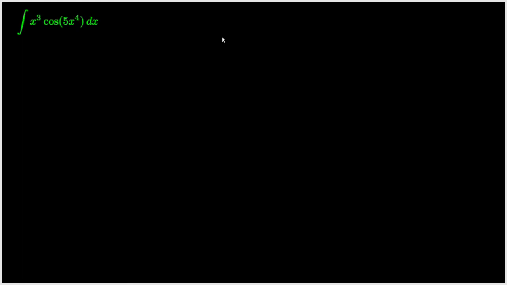For this one, I'm going to rewrite the integral in a different form. I'm going to switch the two factors of the integrand, so that it's easier to choose u. So one factor is going to be cos of 5 times x to the power 4, and then the other factor is x cubed, dx. Anybody want to tell me how to choose u?